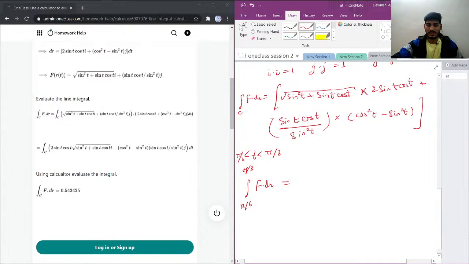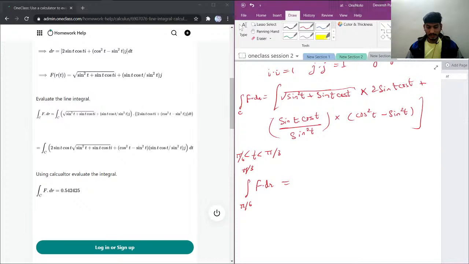Okay, calculator is needed at this point of time. So it is 2 times of sine t cosine t, this is quite difficult for me.